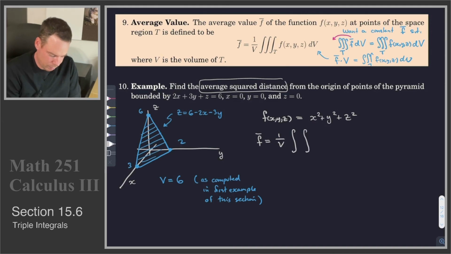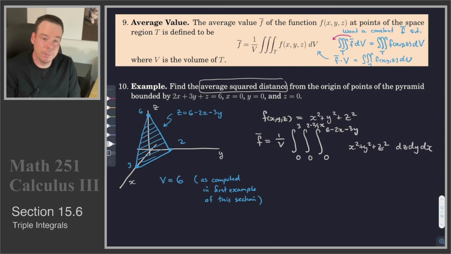Now we've already set up the integral for this region when we computed the volume, so we'll just use that integral. That was the integral from 0 to 3, from 0 to 2 minus 2/3 x, and then from 0 to 6 minus 2x minus 3y, and the function we're integrating is x squared plus y squared plus z squared, dz dy dx.